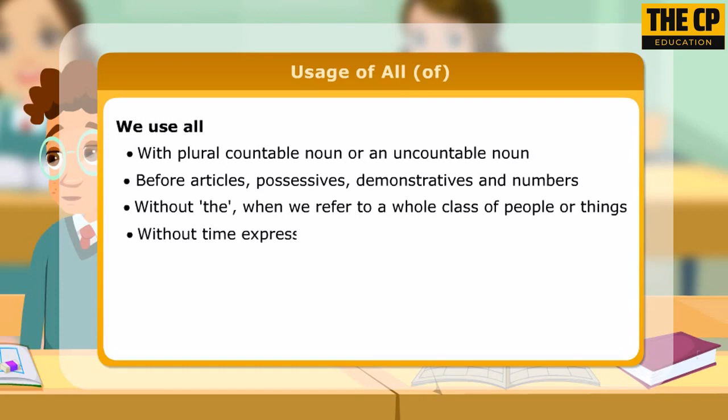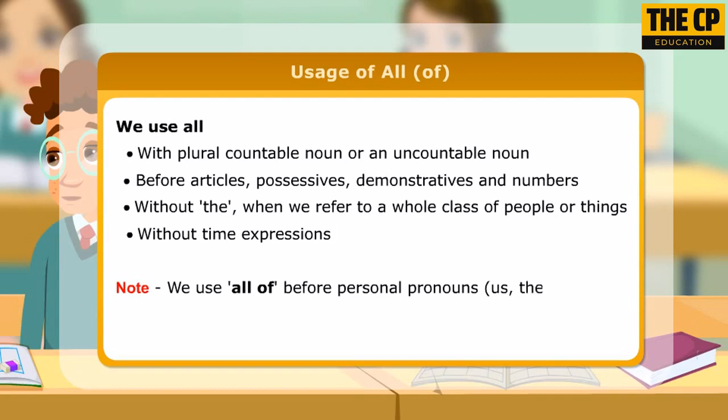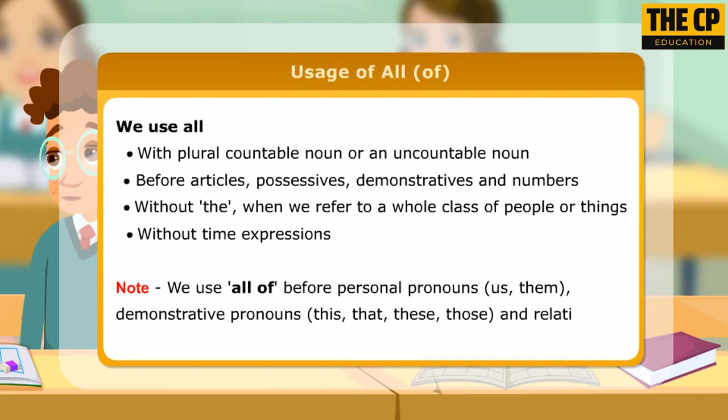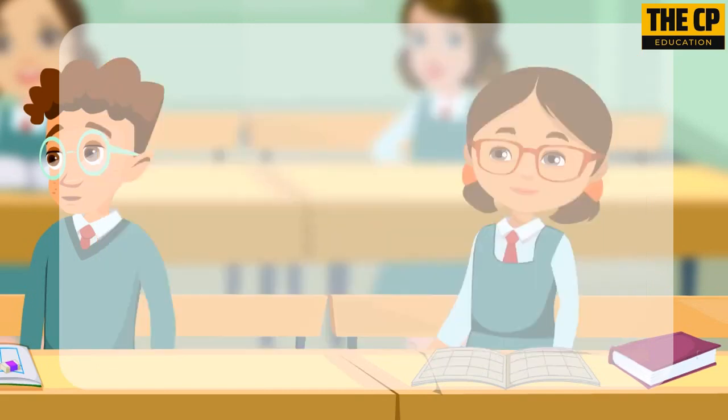Without time expressions. Note: we use all of before personal pronouns, us, them, demonstrative pronouns, this, that, these, those, and relative pronouns, whom, which.